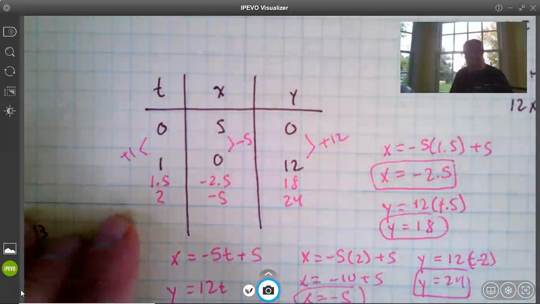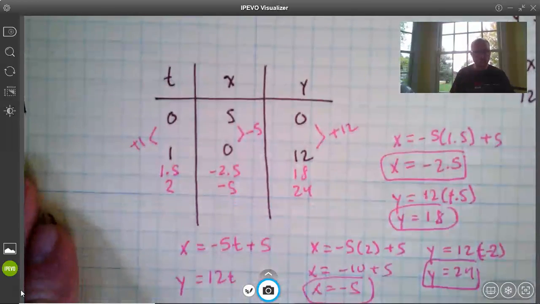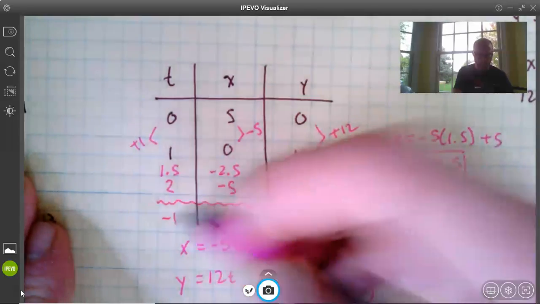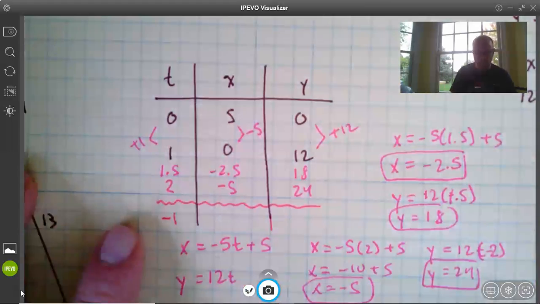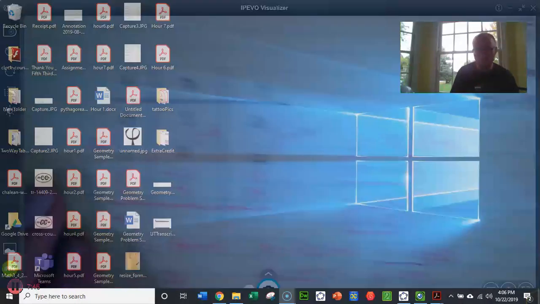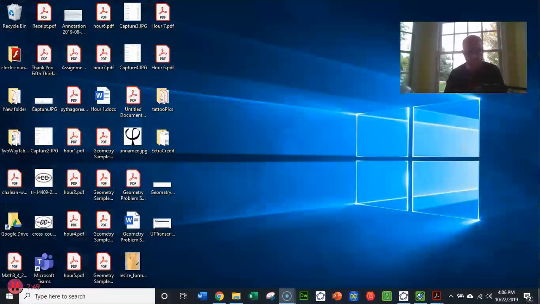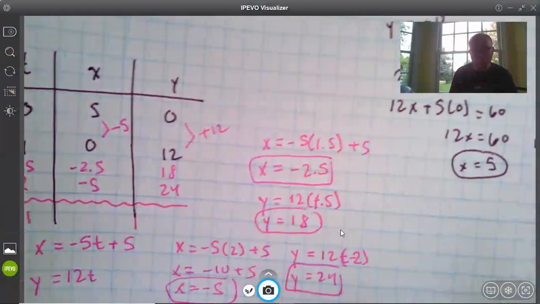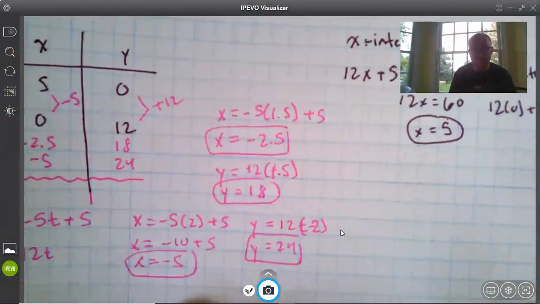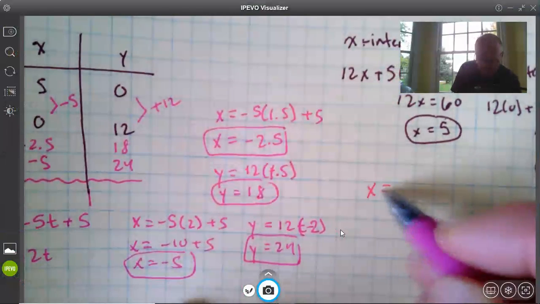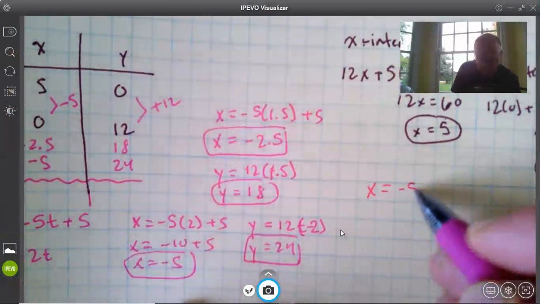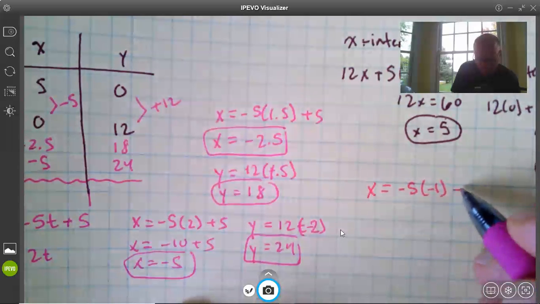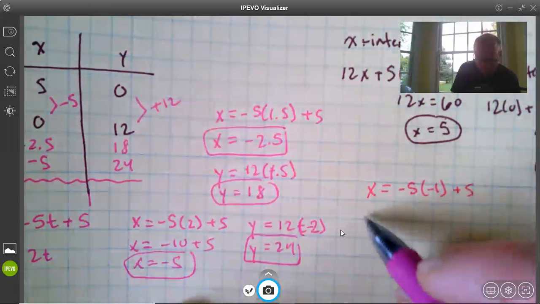What about negative 1? I want to put a squiggly line in our table here, since those are kind of changing things up a little bit. So let's go way over here. Negative 1. So x equals negative 5 times negative 1 plus 5.